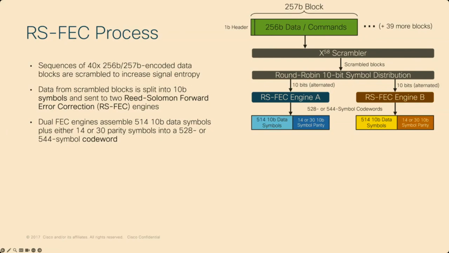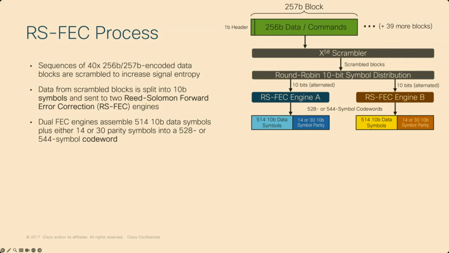And the parity, depending on the speed that you're running and the standard that you're using for your signaling, it's either going to be 14 or 30 symbols worth of parity. So at the end of the day, you're going to wind up having a 528 or a 544 symbol code word, and that includes your data and your parity for calculating any kind of lost data from it. And that is basically how we're doing the error correction on the signal.